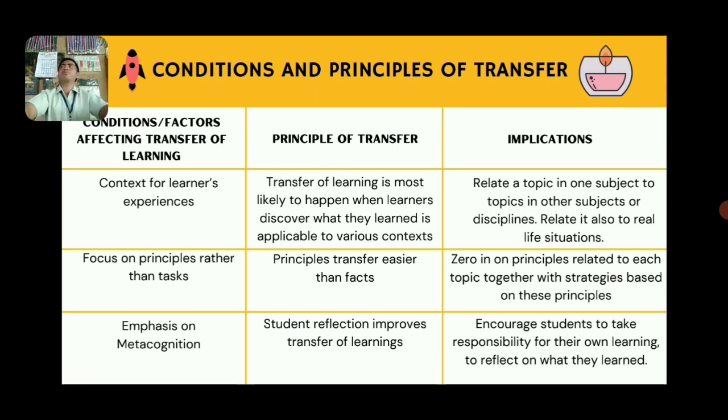For example, after watching a movie, the teacher asks her students to write a reflection paper based on what they learned, on what they feel, on what they can say, or what can be the critique of the movie they watched.